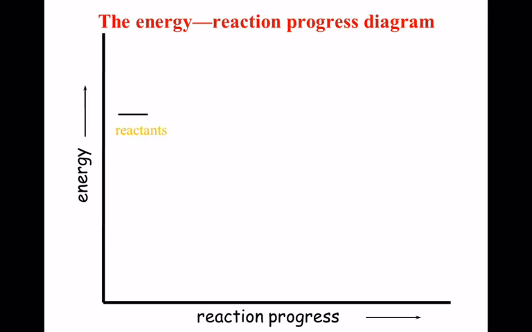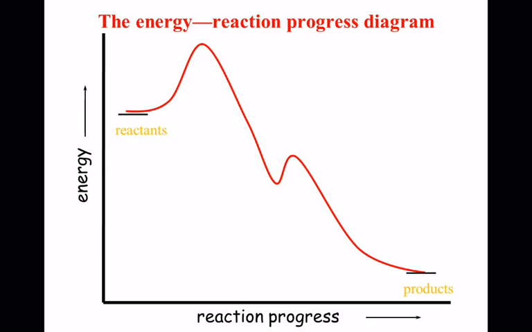Okay, so I like this diagram. Okay. So energy diagrams for something that has 2 elementary steps, for each elementary step, you're going to have a hump. This is the first elementary step. This is the second elementary step. Reactants to products.